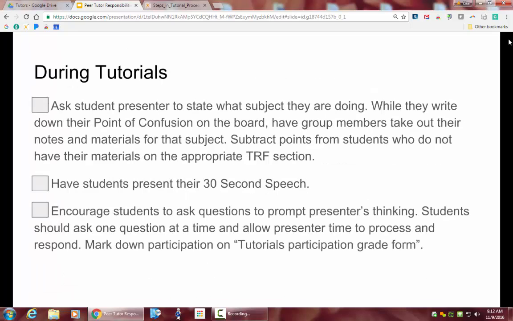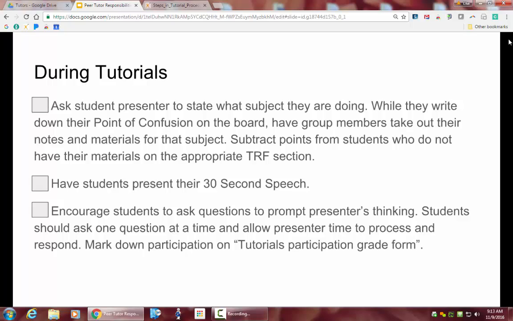During the tutorials, ask the student presenter to state what subject they're doing. While they're writing down the point of confusion, the group members take out their notes and materials for that subject. Points are going to be subtracted for students who do not complete the TRF, do not have everything that they need to have, or are not prepared for the tutorial process.